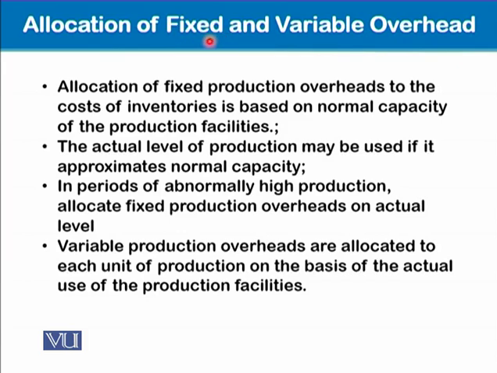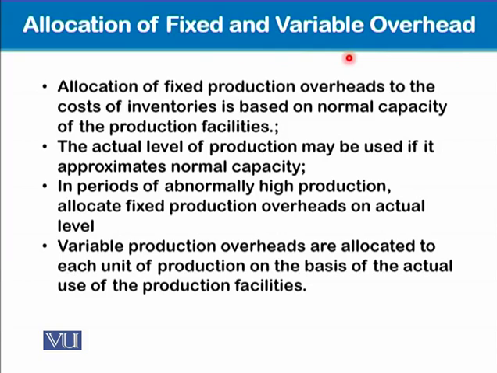In an earlier module, we discussed that factory overhead cost can be fixed and can be variable as well. So this fixed factory overhead cost and variable factory overhead cost needs to be allocated to the inventory. Inventory, you know, is our asset.